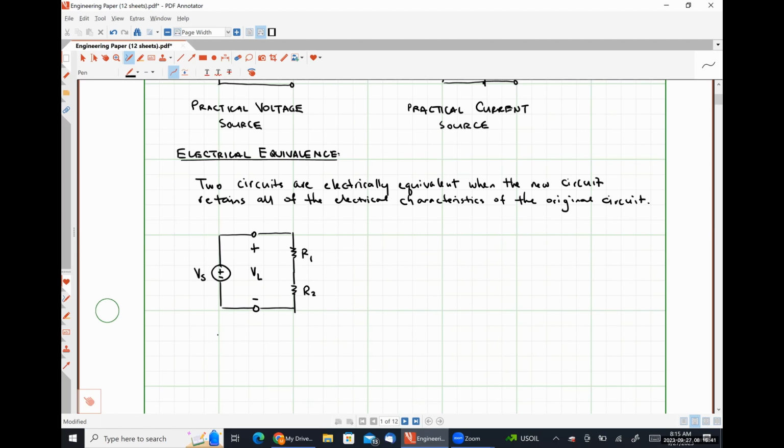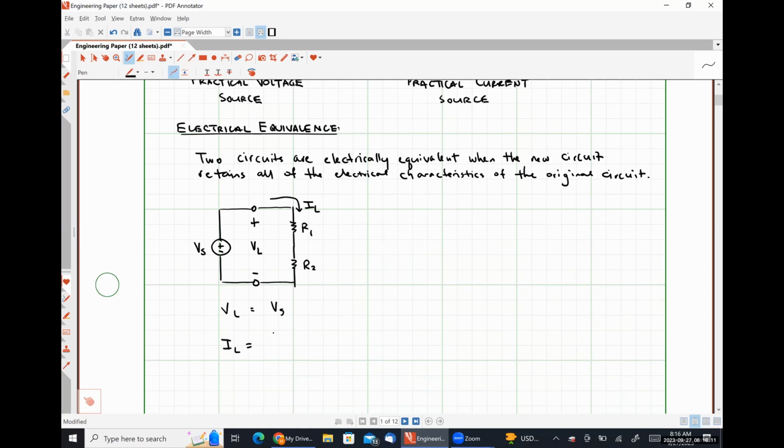In this case, our load voltage VL is exactly equal to our source voltage VS, right? Let's define this current flowing through our load as IL, and using Ohm's law, we could say that IL would be equal to VS divided by R1 plus R2.